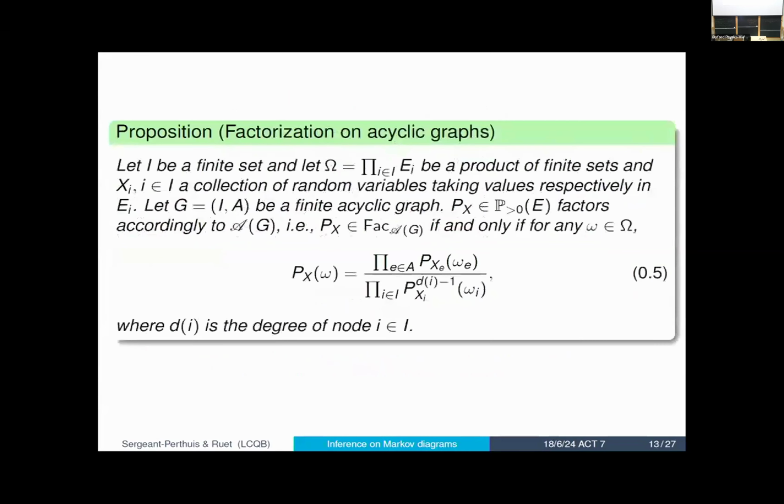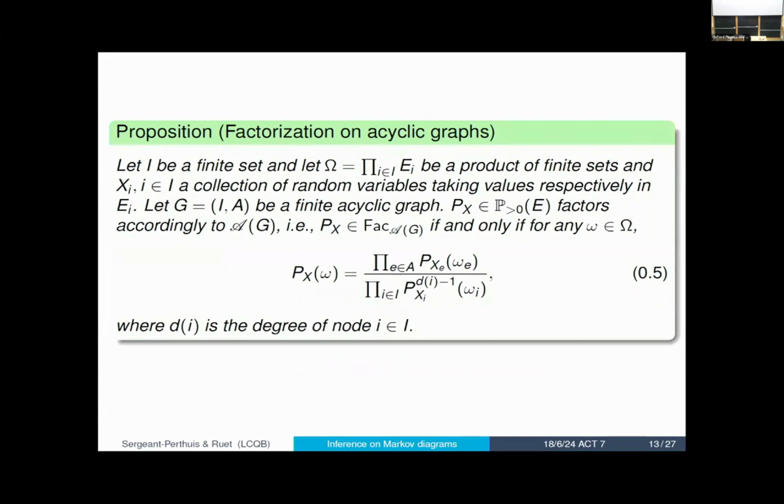Okay. Now, I said that we have a dynamic programming algorithm to compute the marginals, and I said this is related to inference. I didn't say why. Because you have a very nice result: if you have an acyclic graph, the distribution factors this way with respect to the marginal distributions, di being the degree of the node. On the above, you put the product of all the p.